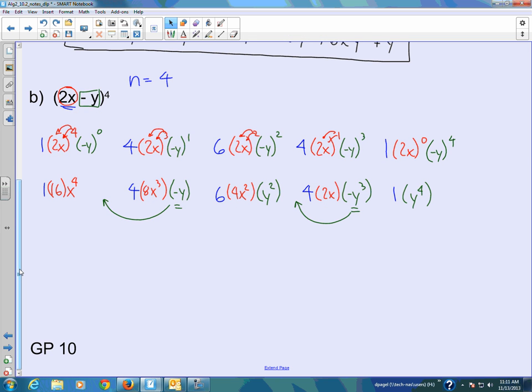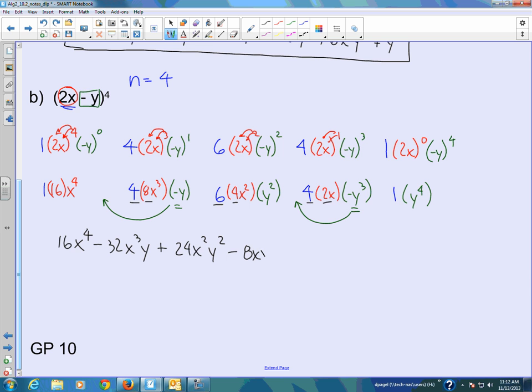And we go ahead and take care of the simplifying. It's 16x to the 4th minus 4 times 8, or 32x cubed y. And then plus 6 times 4, 24x squared y squared. And then 4 times 2, again, that negative there makes it negative 8x y cubed.